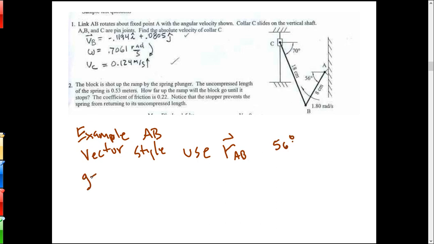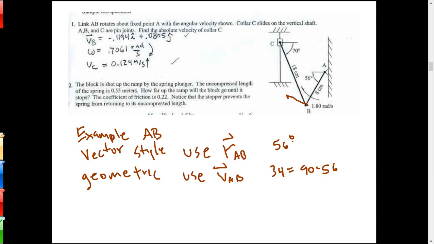If you're doing it geometric style, you use VAB, and if that's the case, you don't want to use 56 degrees. You want to use 90 minus 56. Is that 34?